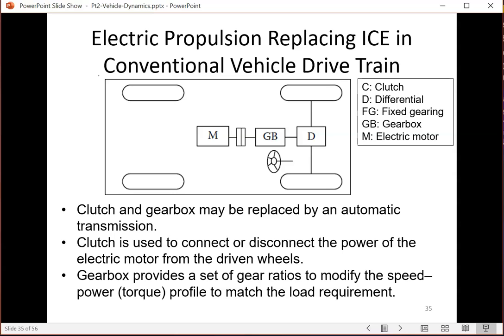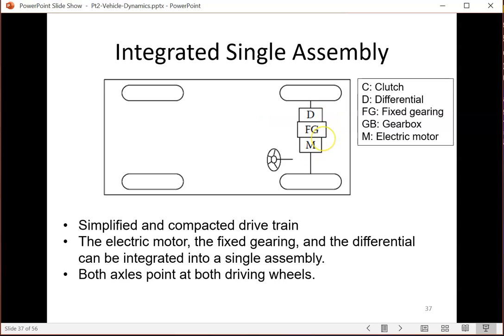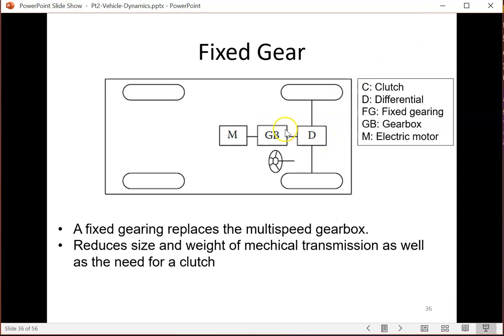So the next step is to say, right, let's say we don't need a clutch, because we don't really need to change the gear ratios. Say a single-stage gearbox. So you get rid of the clutch and rely on the control of the motor to give you the best performance or speed.